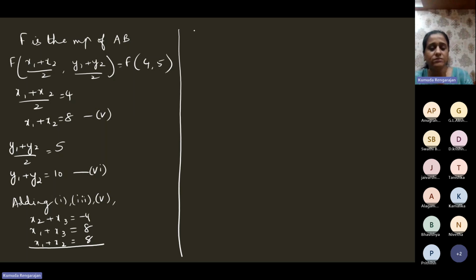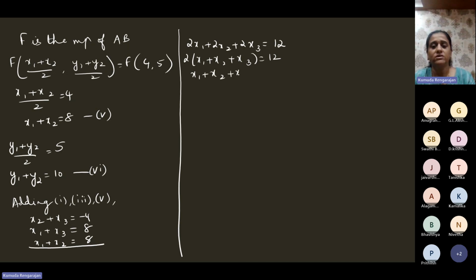When you add, what do you get? There's no place here, children. I'll just write that here. So 2X1 plus 2X2 plus 2X3 is equal to 12. So 2 common, X1 plus X2 plus X3 is equal to 6.